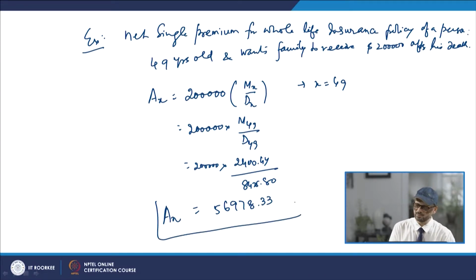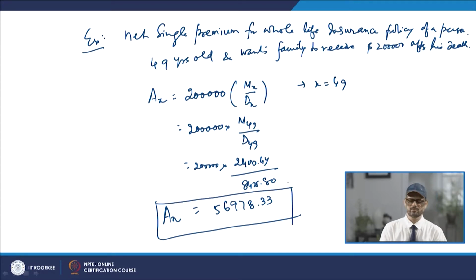So he must pay the premium of $56,978 now, so that after his death, the survivor, or his family members, receive 2 lakh dollars. So that is how this is the single premium.